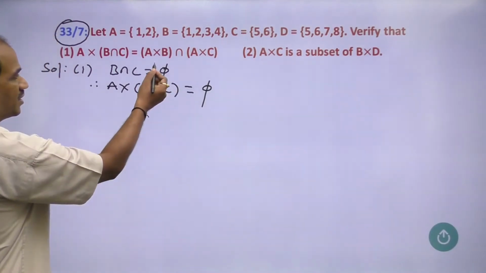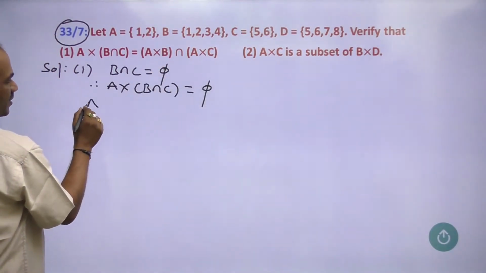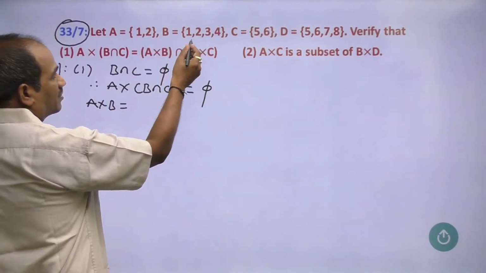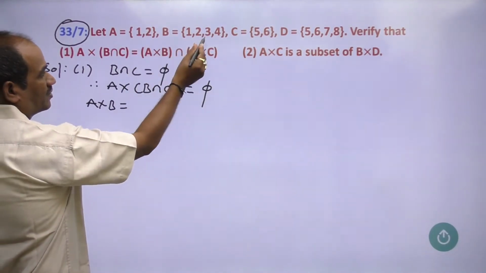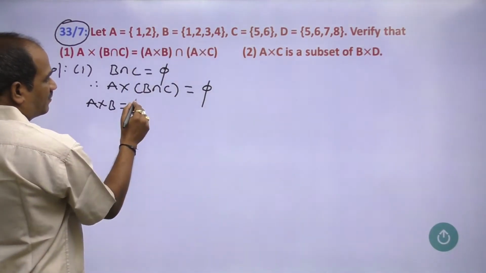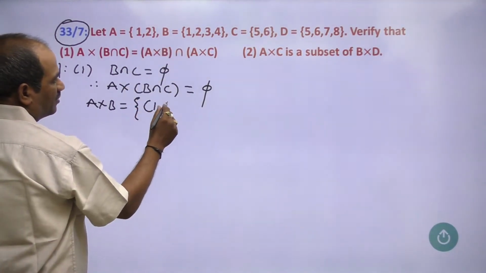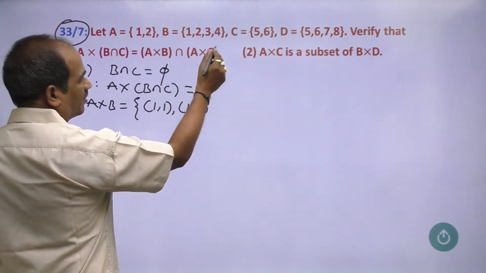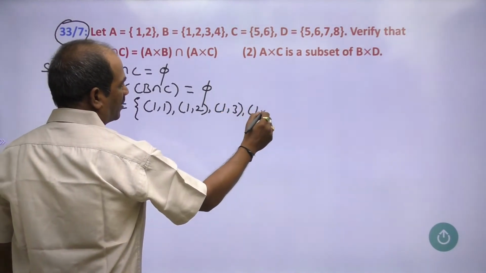Next, on the right side, first we calculate A cross B. A cross B is the set of all ordered pairs: (1,1), (1,2), (1,3), (1,4).